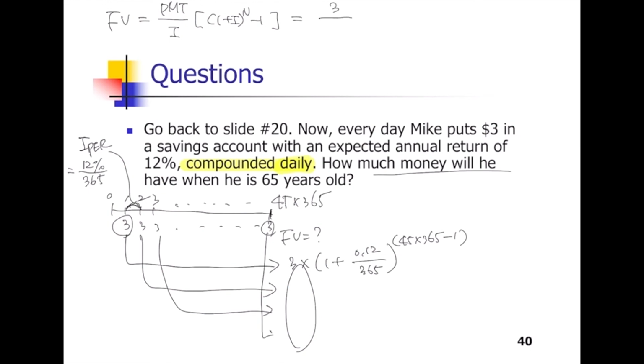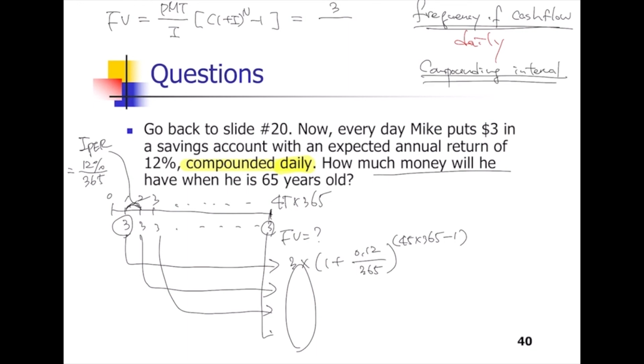And what is I? What rate can you use? In this case, the frequency of cash flow is daily, right? And the compounding interval is daily.